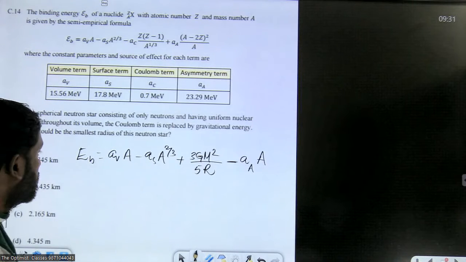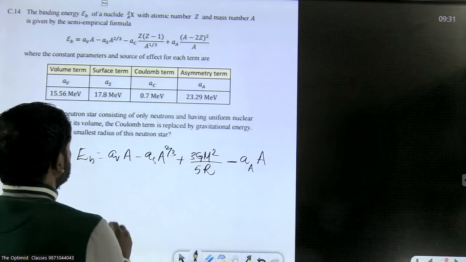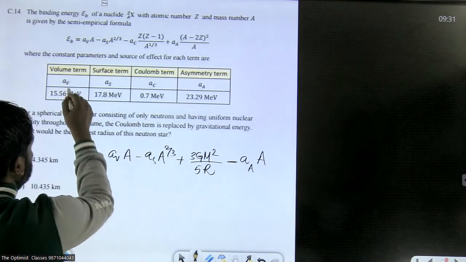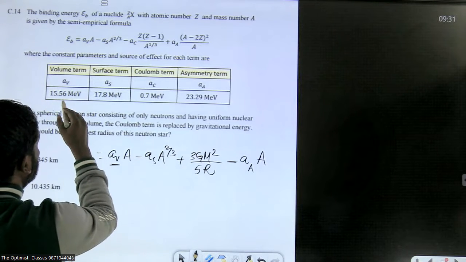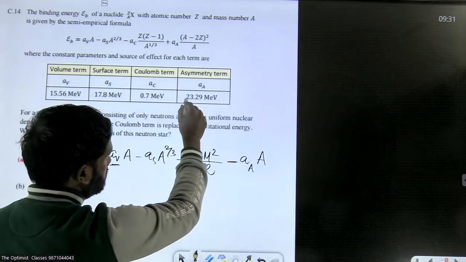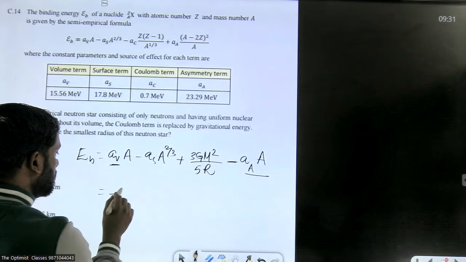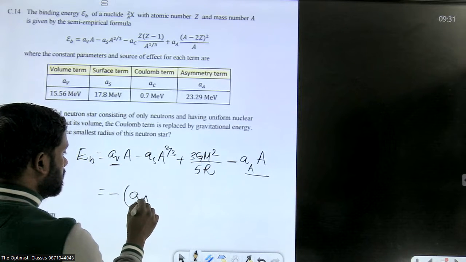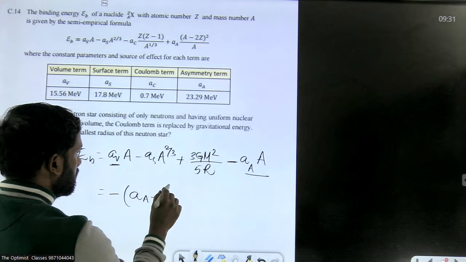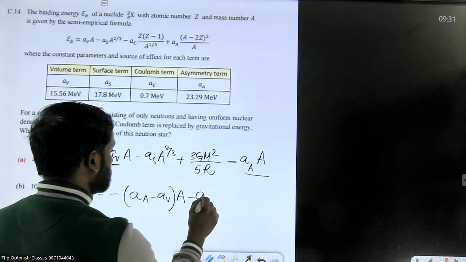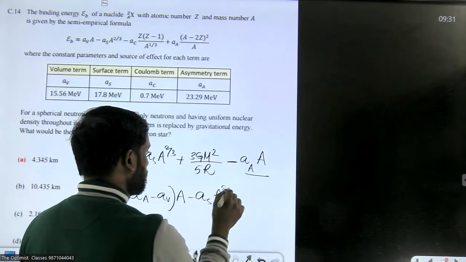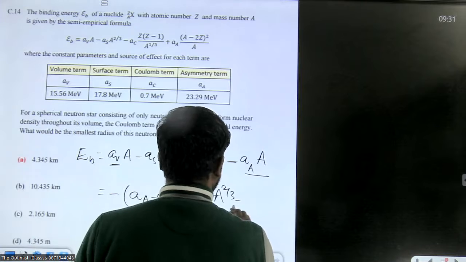Now AV is given to be 15.56 and AA is 23, so when you subtract these two, you get a negative term here. So we'll write: minus of (AA minus AV)·A, minus AS·A^(2/3), and plus this term.